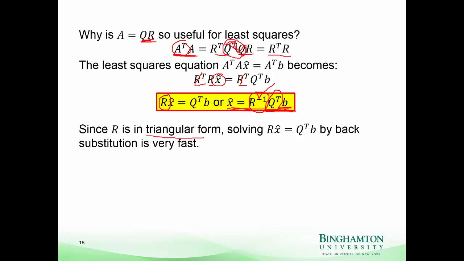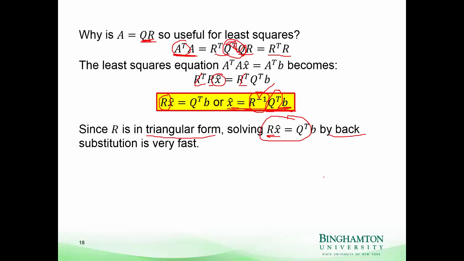So since R has triangular form, you wouldn't actually compute the inverse of R. You would just solve this by back substitution. Since R is triangular, there's going to be one equation that has just one unknown that can be easily solved. Then you back substitute that solution into the next one, which originally had two unknowns but now has one, and you can solve that. Now you have two knowns substituted into the equation that has three unknowns to reduce it to just one unknown, solve that, and so on and so on.